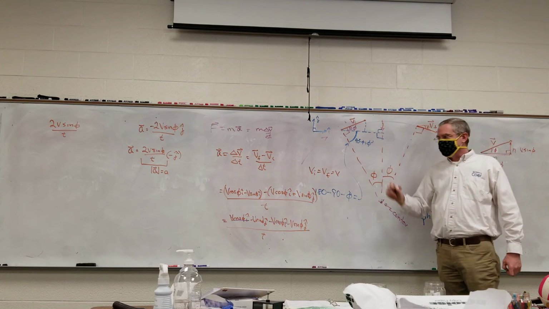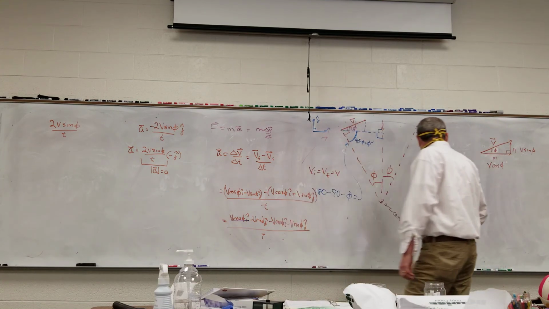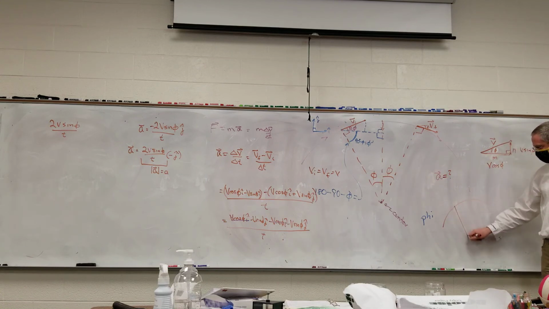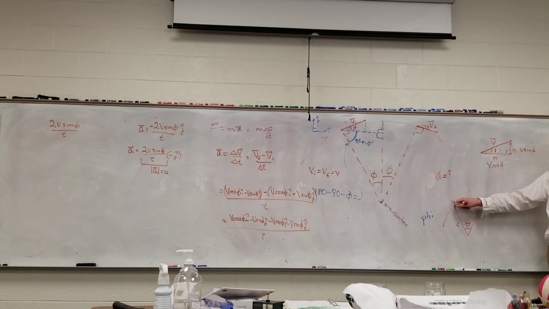So I have part of a circle here. I have some radius of a circle. If I have some angle down here, theta, and a radius of a circle being r, what is the relationship between this length and r and theta?